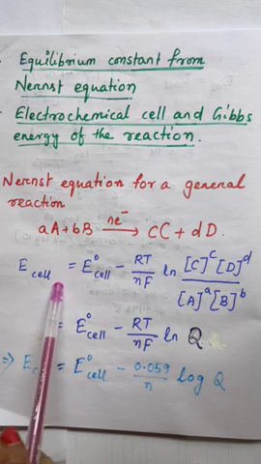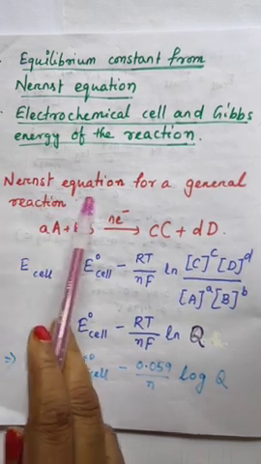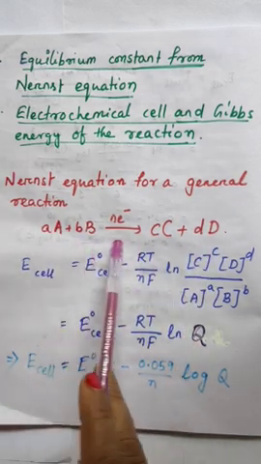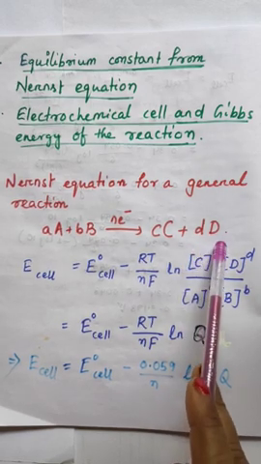Now, to calculate the equilibrium constant, we'll see the general Nernst equation for a reaction of this type. You are quite aware of this type of equation from your chapter on equilibrium.